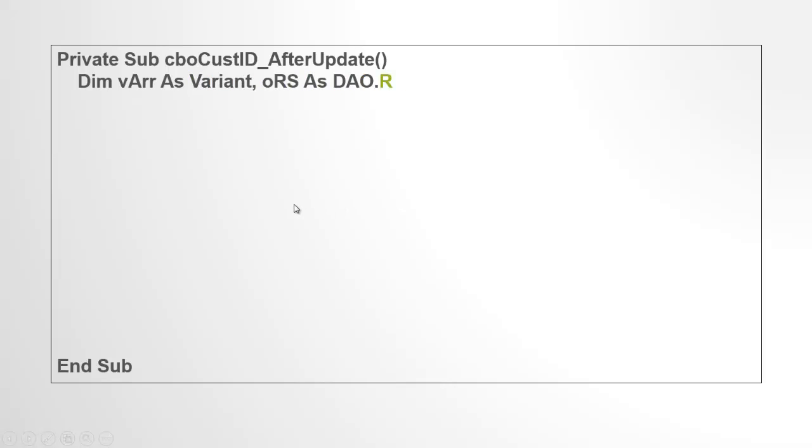We declare two variables to begin with. One is of the variant type. Why? Because we want to store an array in here, a series of strings. So we have to make this a variant type of variable. And then we have an object type of variable that is of the DAO.Recordset type.